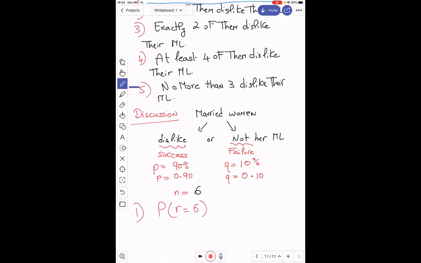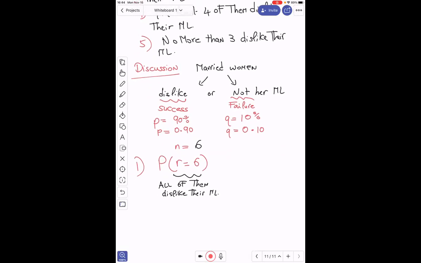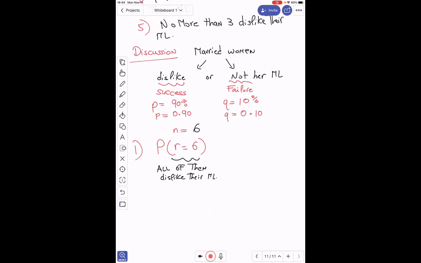All of the married women in the group of 6 dislike their mother-in-law. Any question why R is equal to 6? I hope you see why, because we need all of them to dislike their mother-in-law, and a success is when a married woman dislikes her mother-in-law.